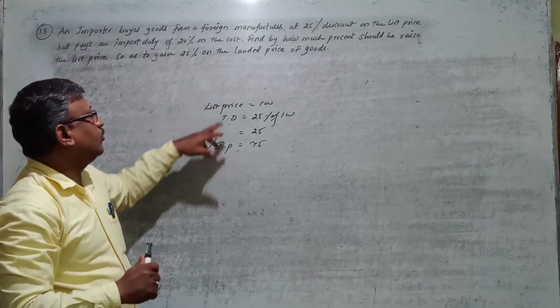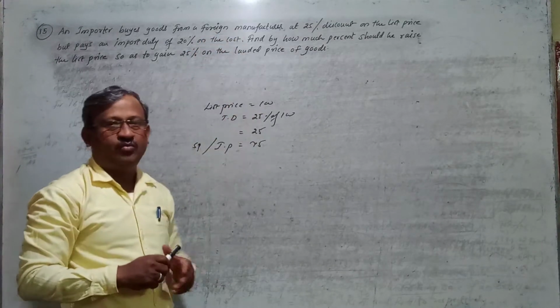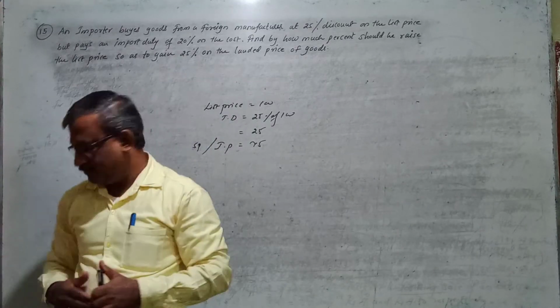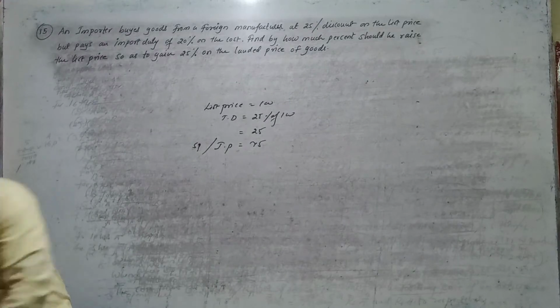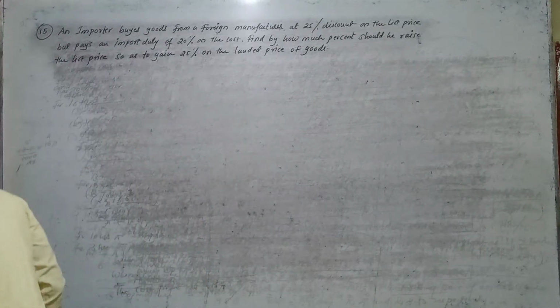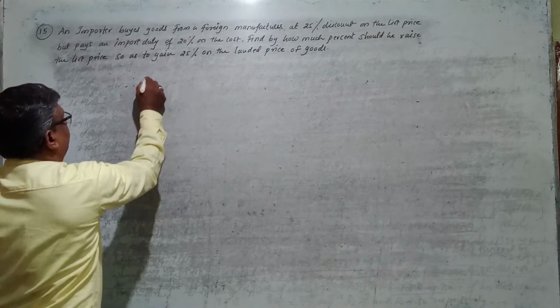So here what you have to do? Here I don't know the manufacturer's list price, so I am going to assume the manufacturer's list price as rupees how much? 100, right? So let's begin with the solution. First you assume the manufacturer's list price.